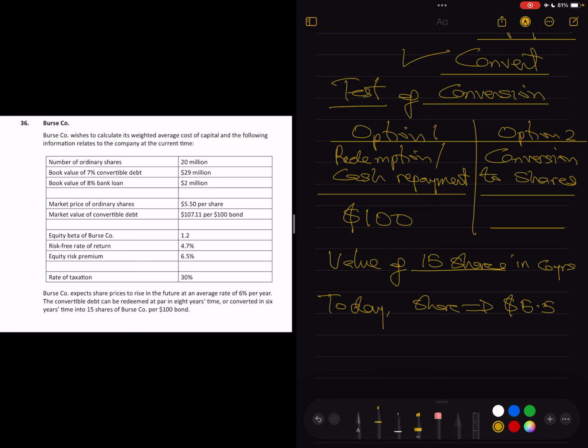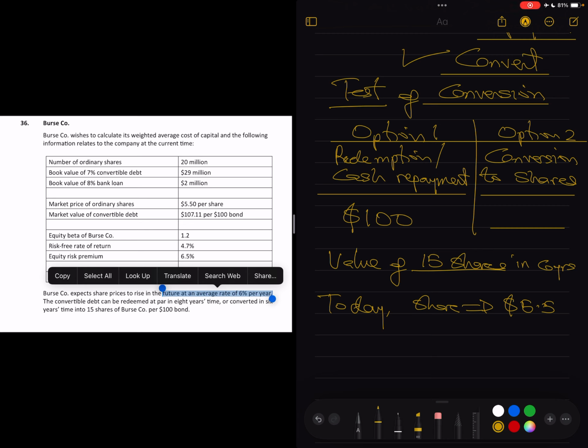But we also know that these shares will increase at 6% per year. So which means the share price in 6 years' time will not be 5.5, but will have increased at 6% every year.